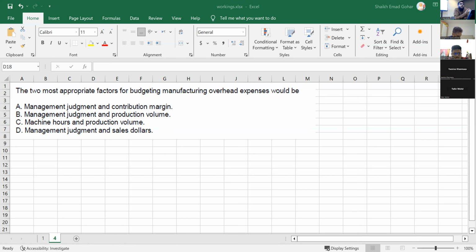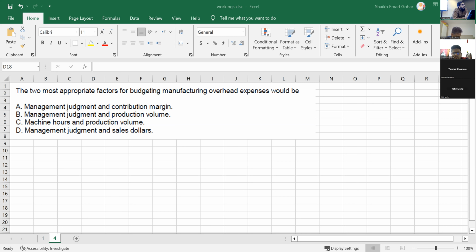It can be variable overhead or fixed overhead, depends. But that single driver can be the number of units, the number of labor hours, or the number of machine hours. Mainly these three in absorption costing.